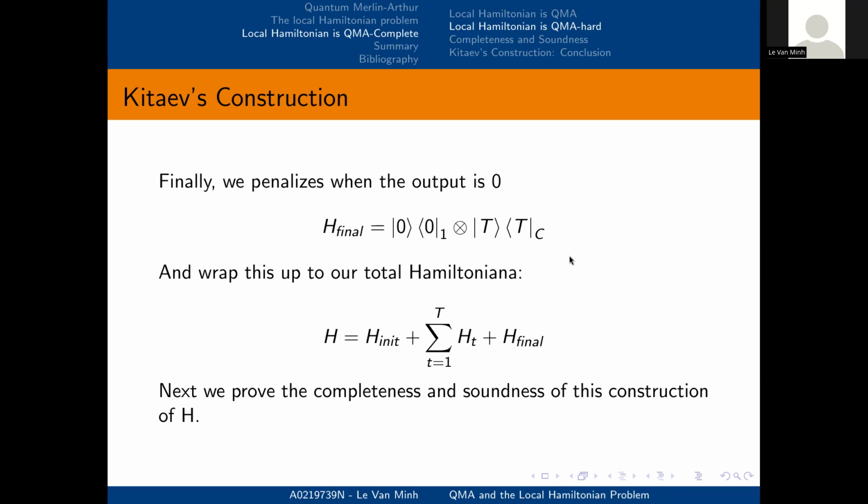And we wrap all these up, making a sum to make our total Hamiltonian H. And we will prove in the next slide that this H, according to this construction, will indeed have the property that we want.